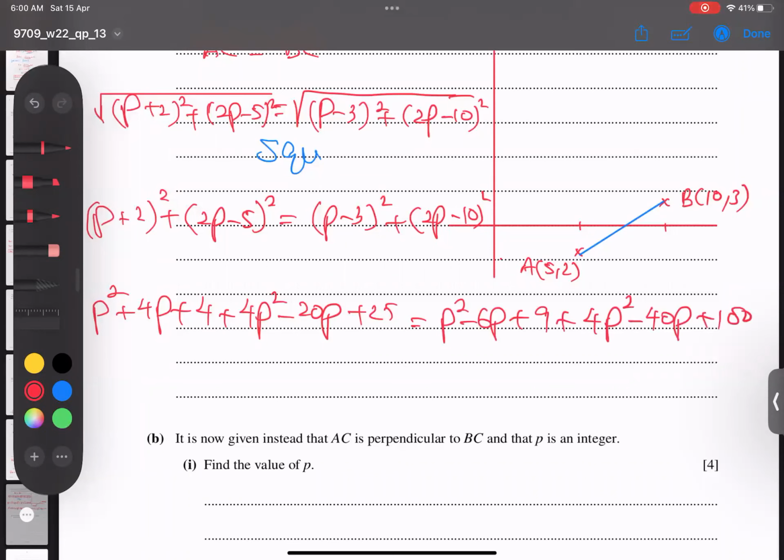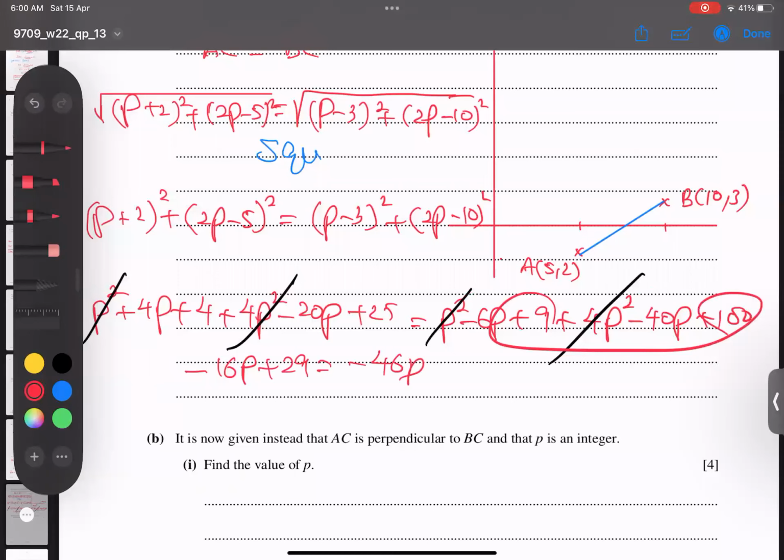Now, students, 4p square cancels, p square cancels. I hope it's clear. We can say here negative 20p and plus 4p giving us negative 16p. 25 plus 4 giving us 29, and negative 6p and negative 40p is negative 46p, and 9 plus 100 I got 109.